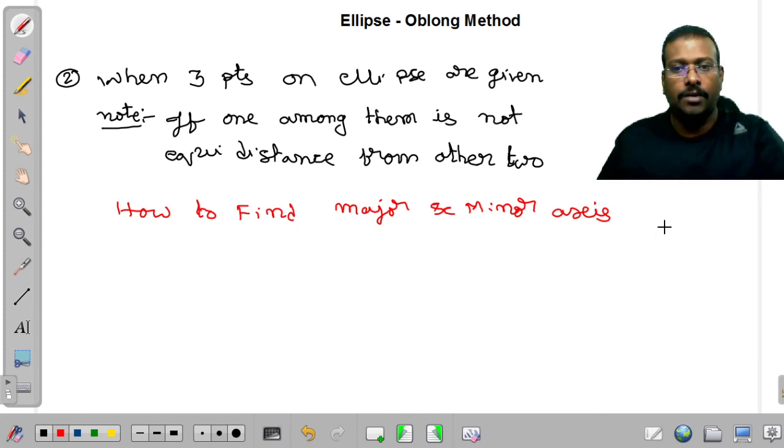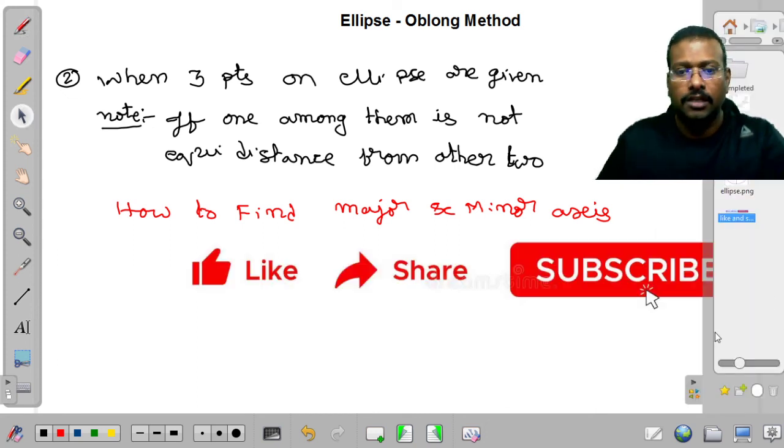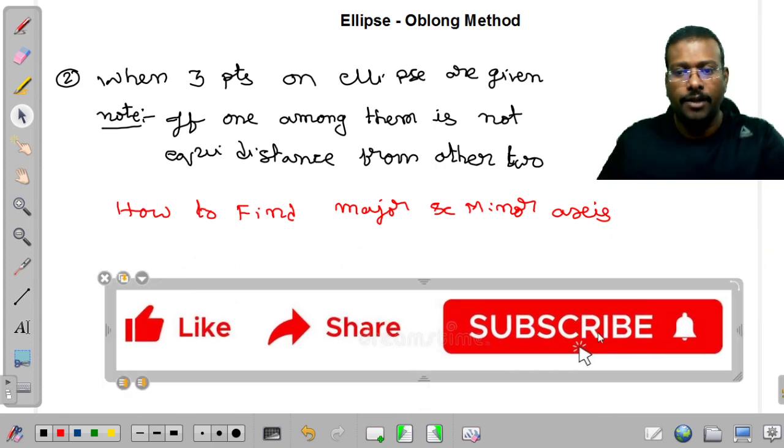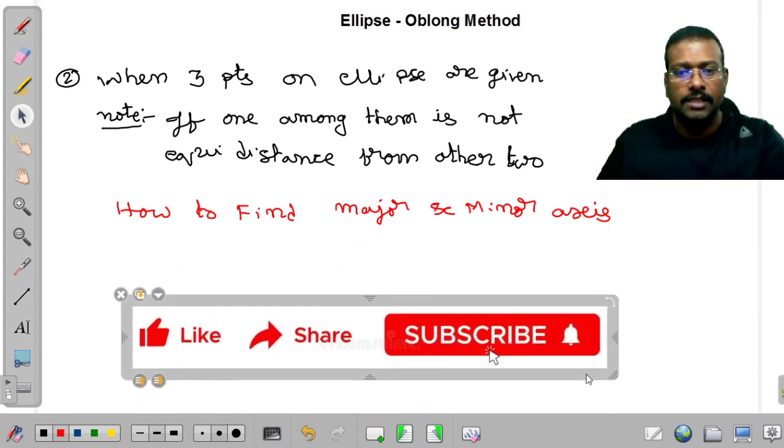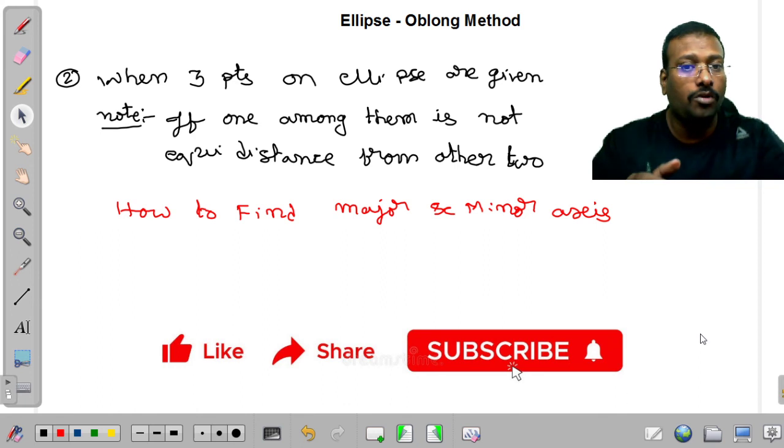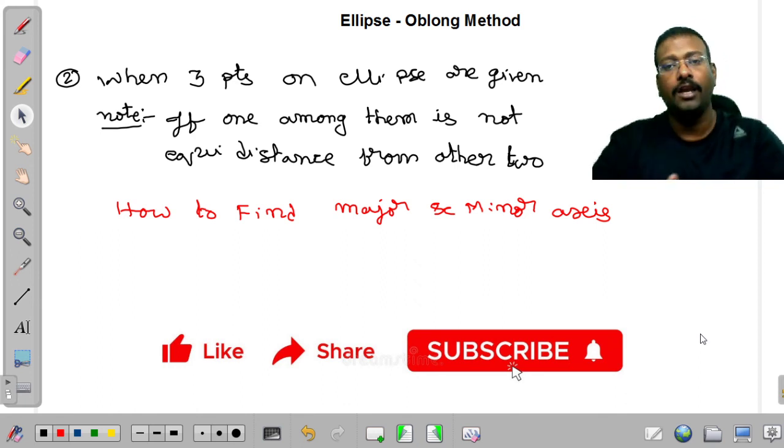All this information we will learn in the coming video. If you understand this, then you can know when to apply which method. Okay, in the next video I will explain how to construct an ellipse by using the rectangle method, and another one by using the parallelogram method.